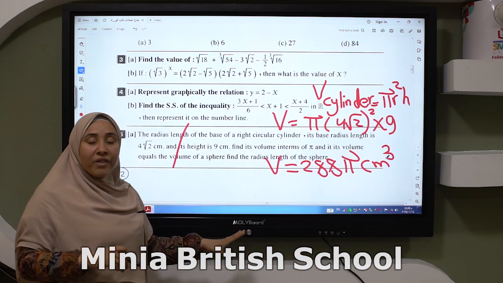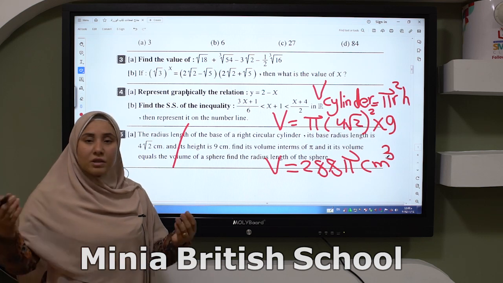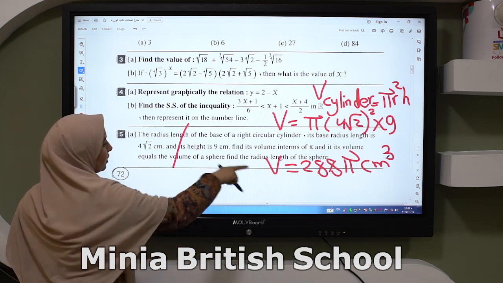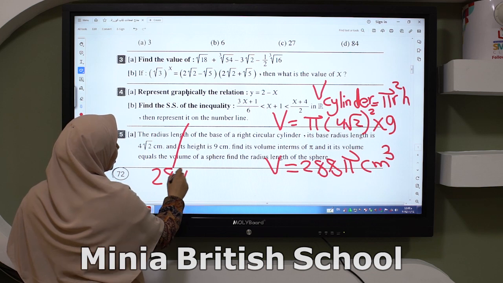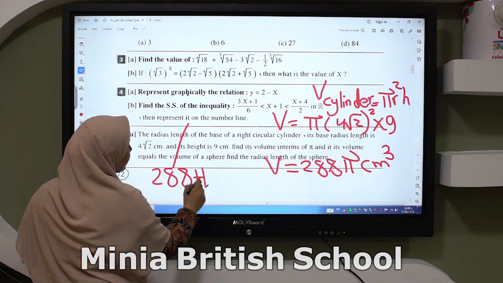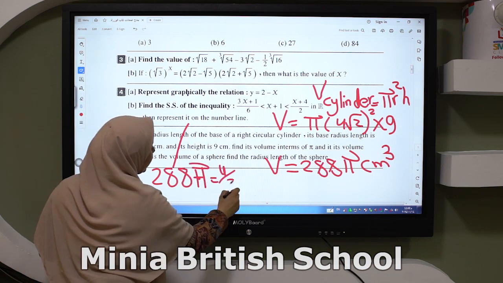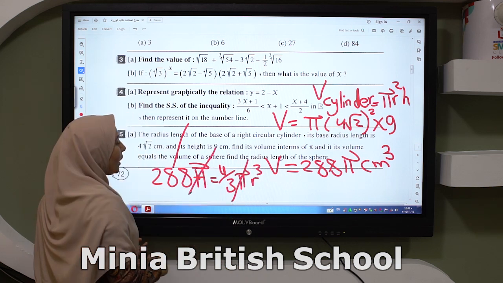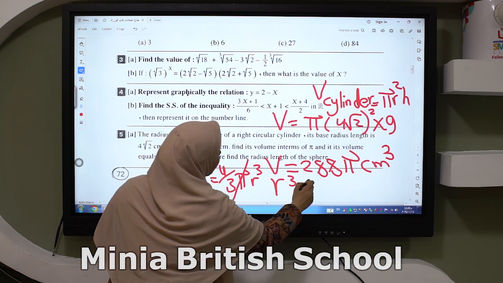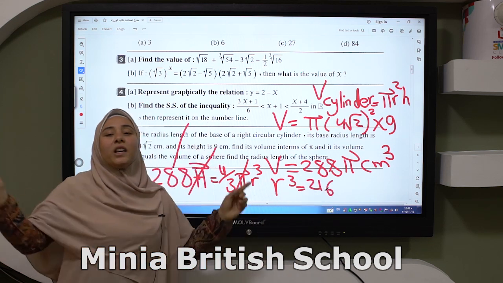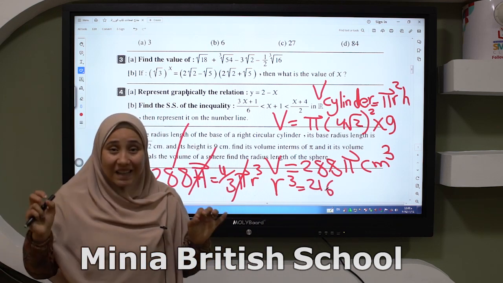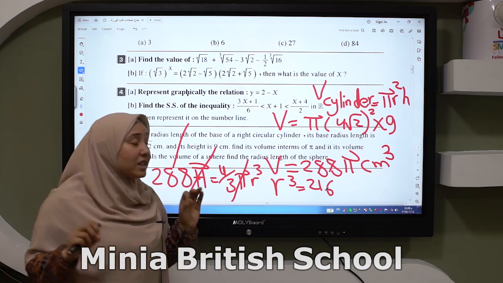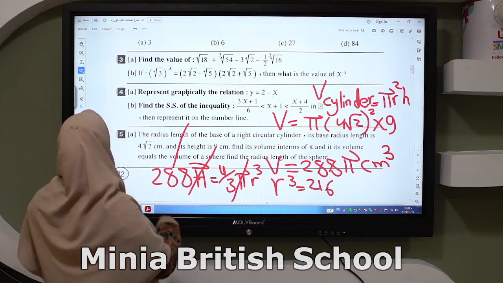Now the volume of the sphere equals the volume of the cylinder, which equals 4 over 3 pi r power 3. Cancel pi with pi. Then r power 3 equals 216. By taking the cube root for both sides we get the radius length equals 6.